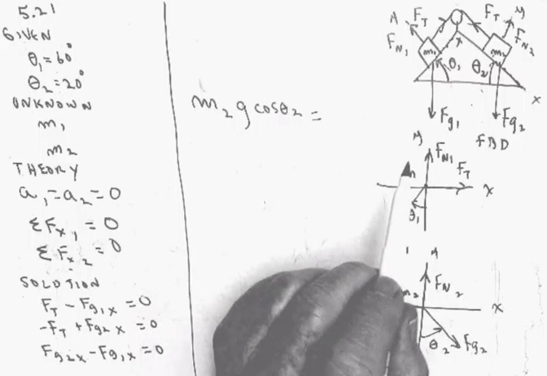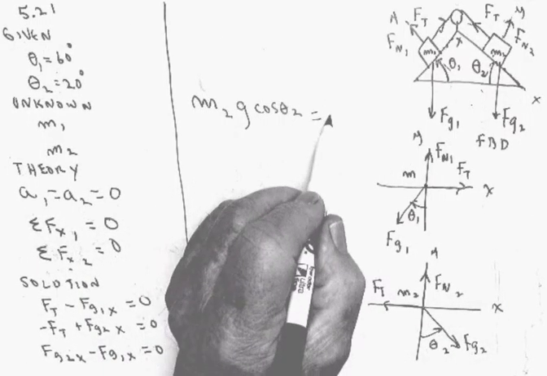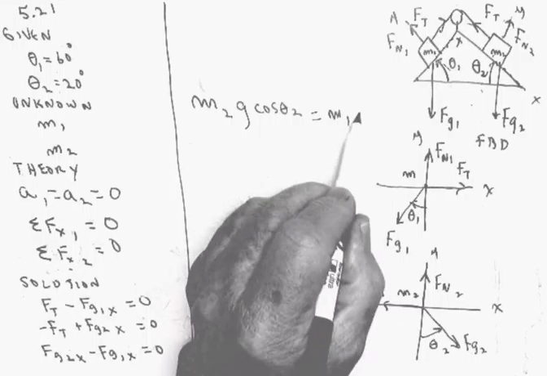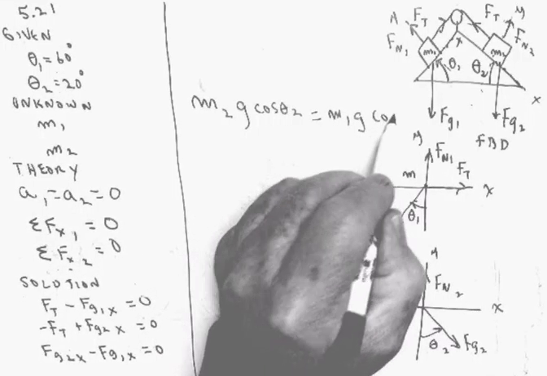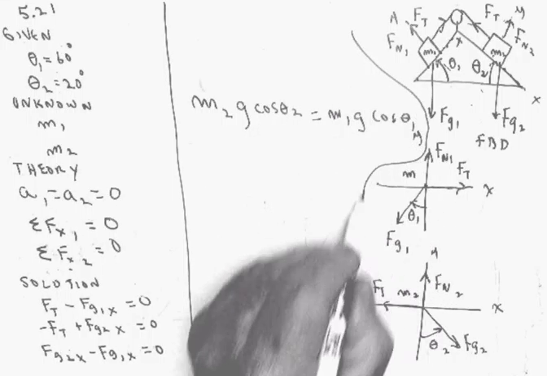I'm going to move the FBD over here so I have a little bit of room. That's got to equal the x component of the force of gravity on the other side of the equation. That's equal to m1g cosine theta 1. Sorry about this running together like that.